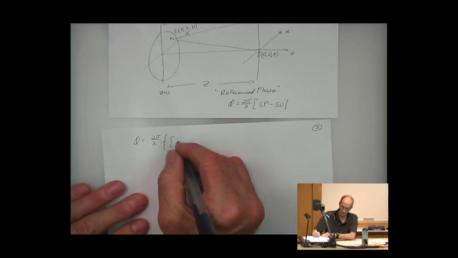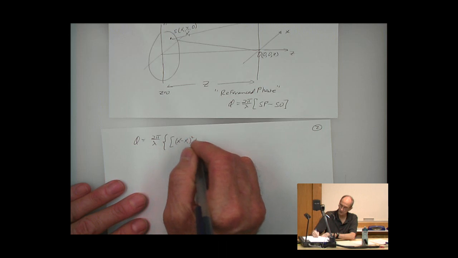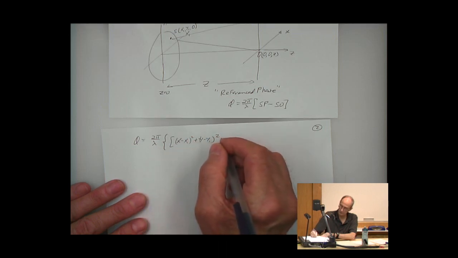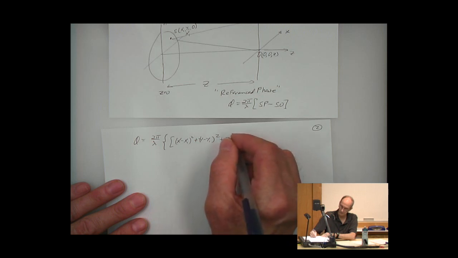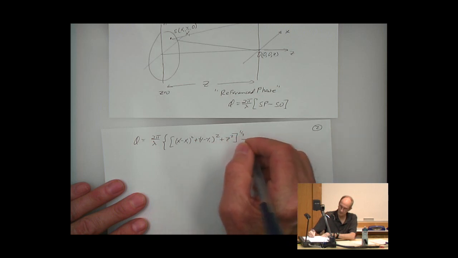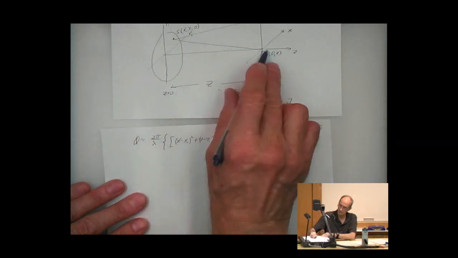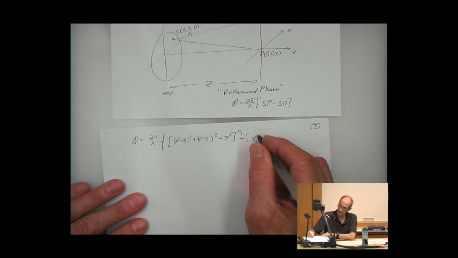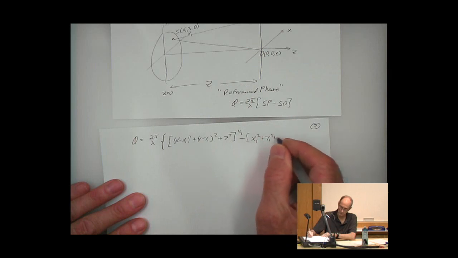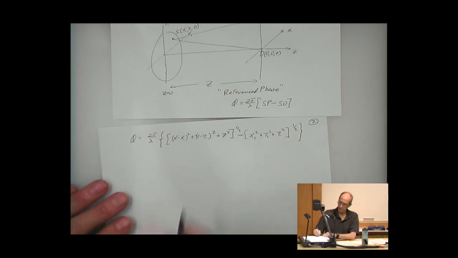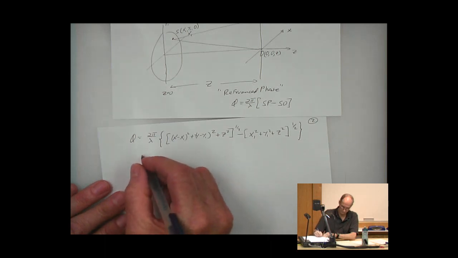And in terms of coordinates, we have x minus x1 squared plus y minus y1 squared plus z squared, that to the 1/2, minus this distance here, from here to the origin. So here we just have x1 squared plus y1 squared plus z squared again, that's to the 1/2. And so now we could factor out a z.